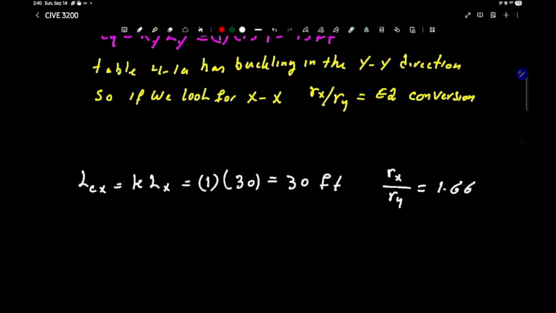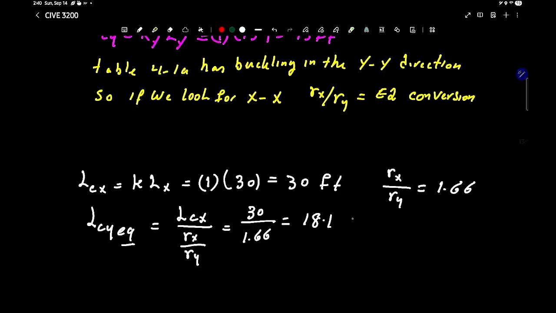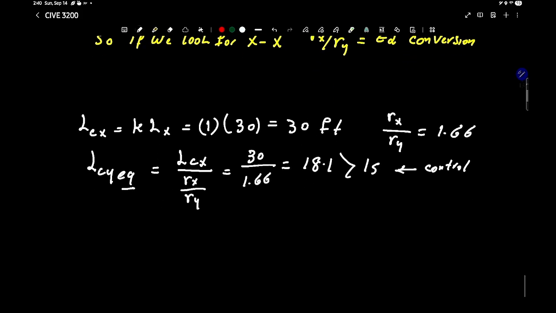So therefore, if we look at the equivalent LCY, the equivalent is equal to LCX divided by rx over ry, which is 30 divided by 1.66, and that's equal to 18.1, which is bigger than 15, so this will control. I'm going to be conservative, so I'm going to say LC is equal to 19, because 18.1, just go to the next one, 19, and it's easier to find in a table.